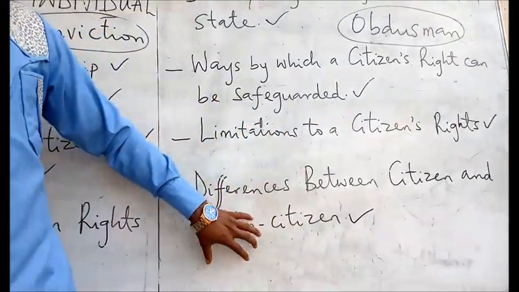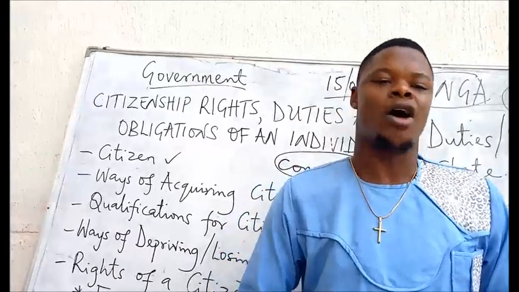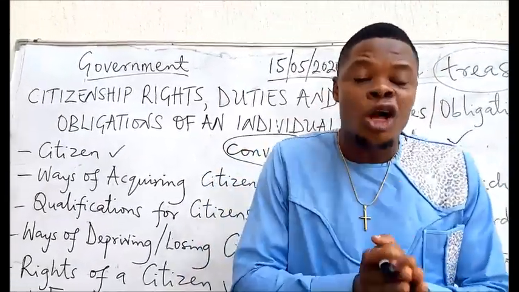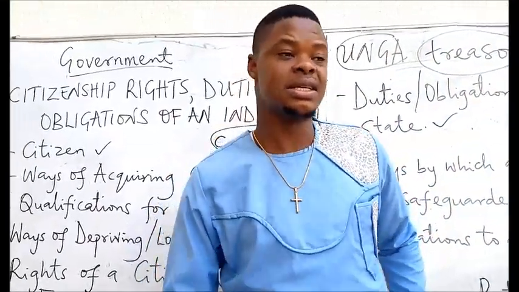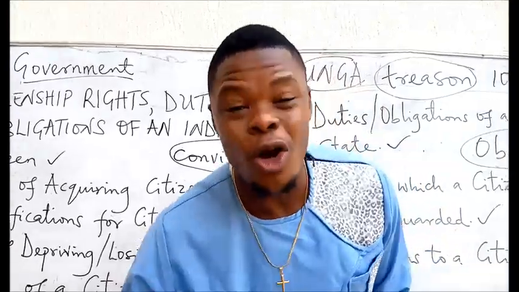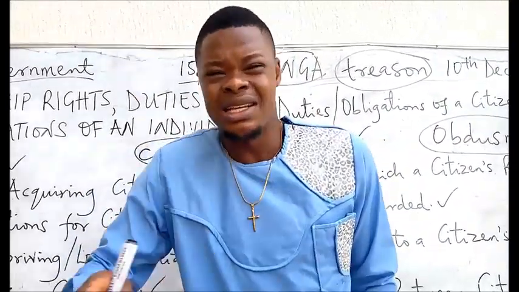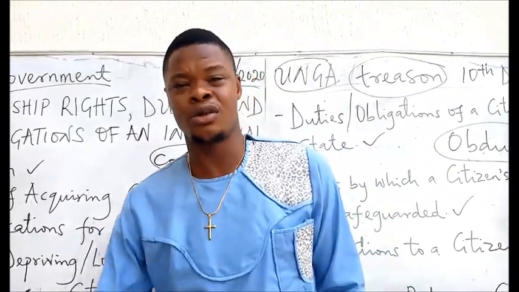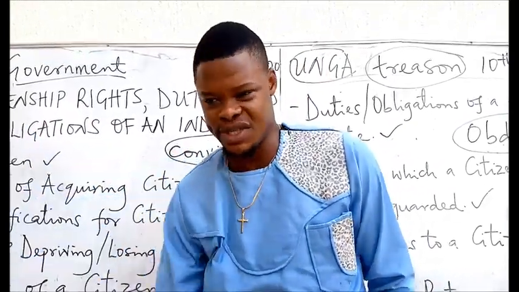Number one, a citizen is a legal member of the state, while a non-citizen is not a legal member of that state. A citizen is a recognized member of a state, while a non-citizen's existence there is not recognized by any law, so to say.